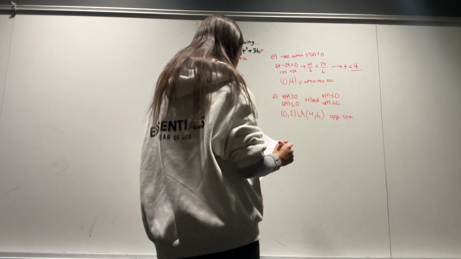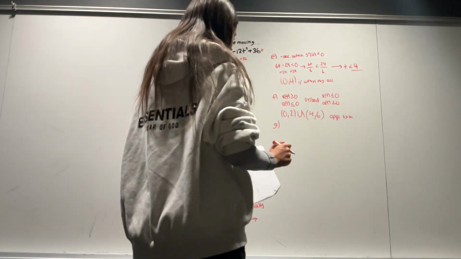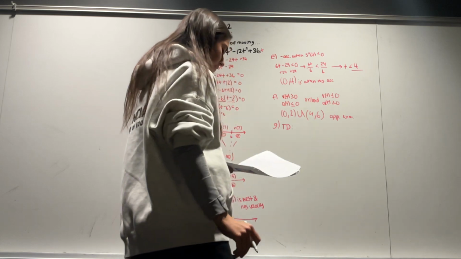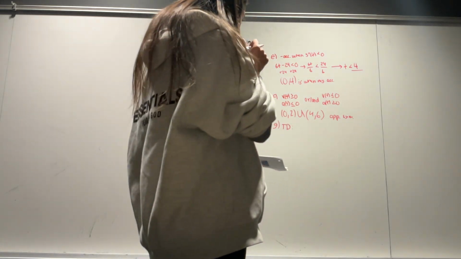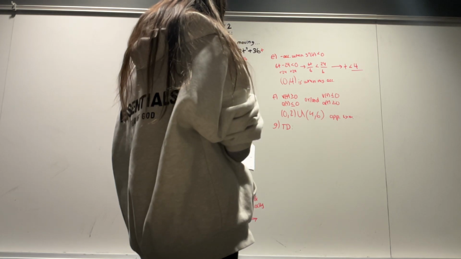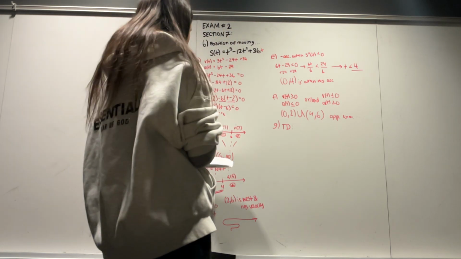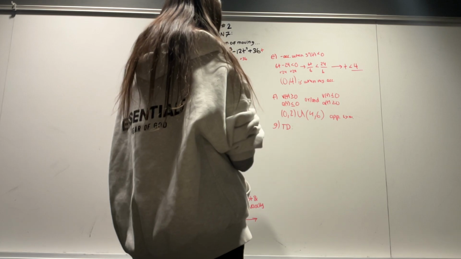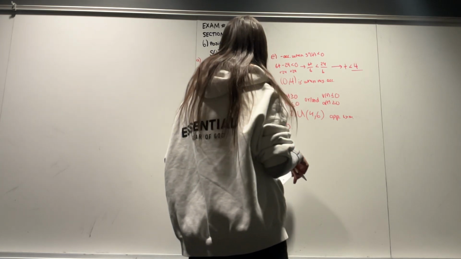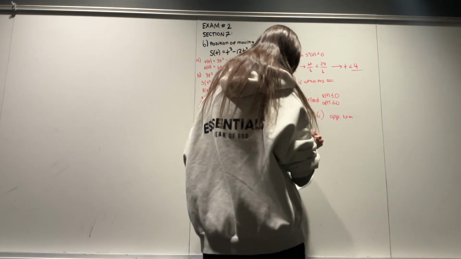Okay, now last one, G. This was the bonus. I didn't get this on the exam, but the total distance is going to be the absolute value of s of 2 minus s of 0, and we're going to add the absolute value of s of 6 minus s of 2.